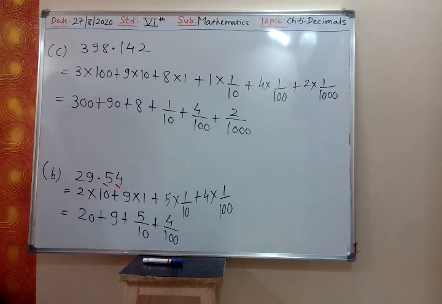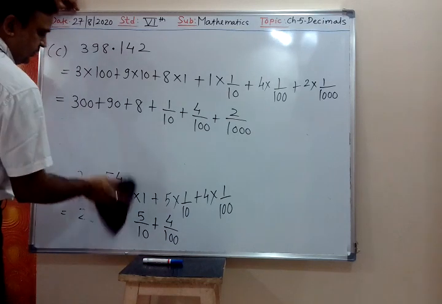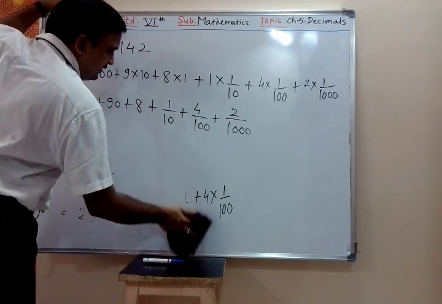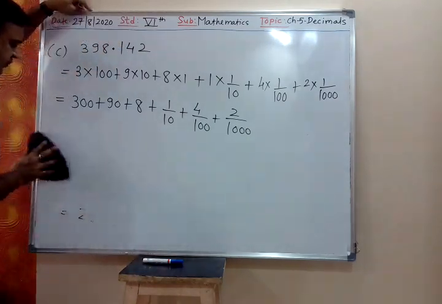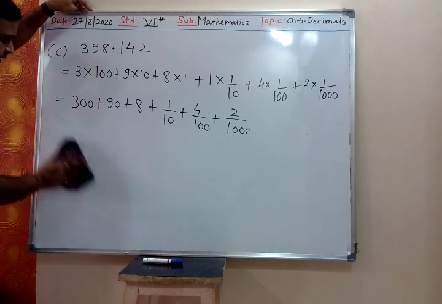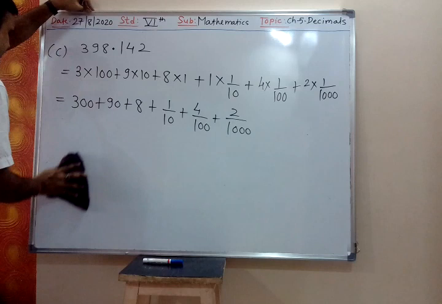Now fourth one, D. See after decimal, the first digit position is tenths, the second digit position is hundredths, the third digit position is thousandths.